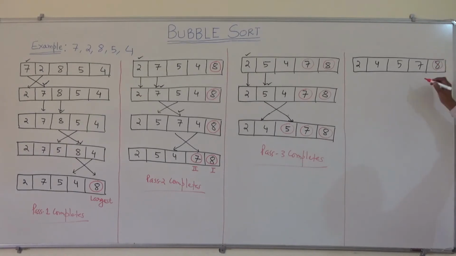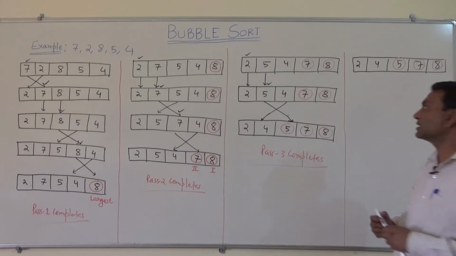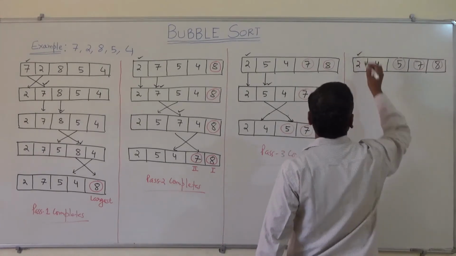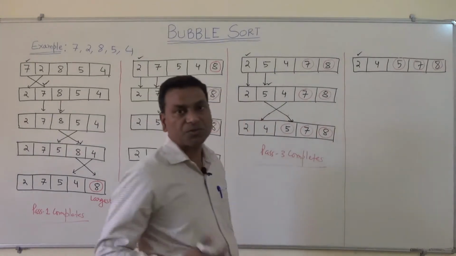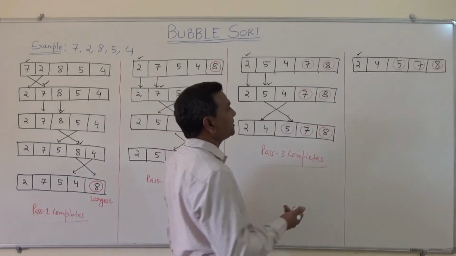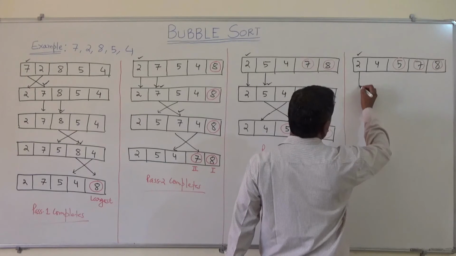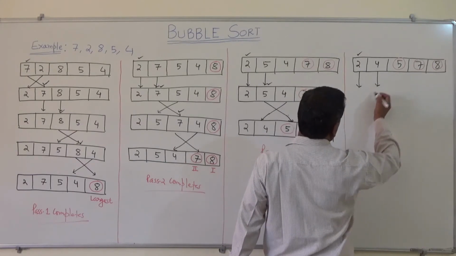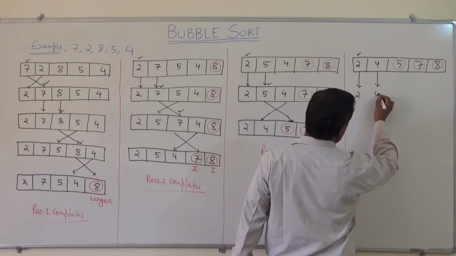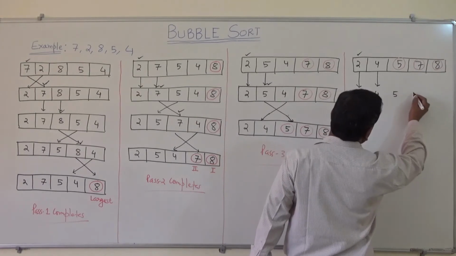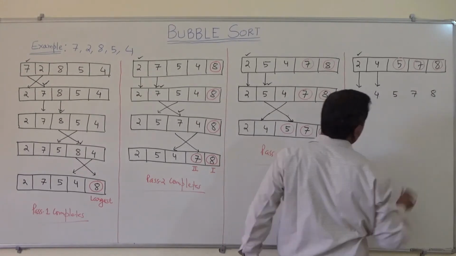This is the first largest, second largest, third largest. Now we will compare the first element with the second. This is compared with the second, because 2 is less than 4, therefore there will be no change, it remains as such. So this is 2 and this is 4, this is 5, 7 and 8.